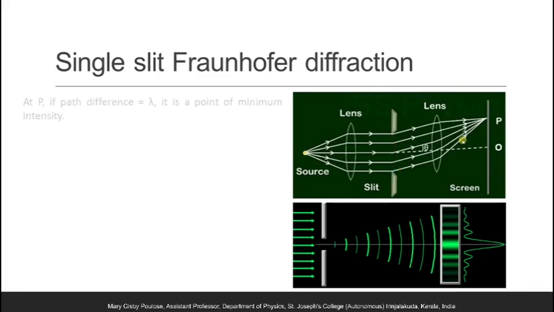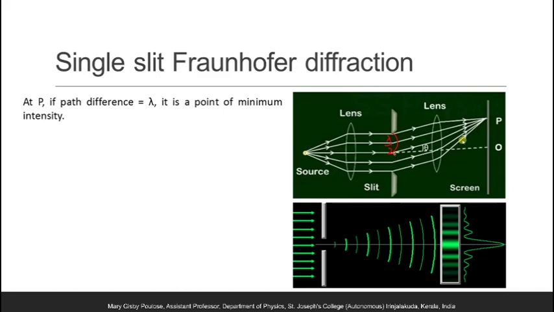Now let the point P be a region of minimum intensity. So at P, we are assuming the path difference to be lambda. Now let this slit be divided into two halves. The first set of rays, let them have a path difference of lambda by 2 among themselves.